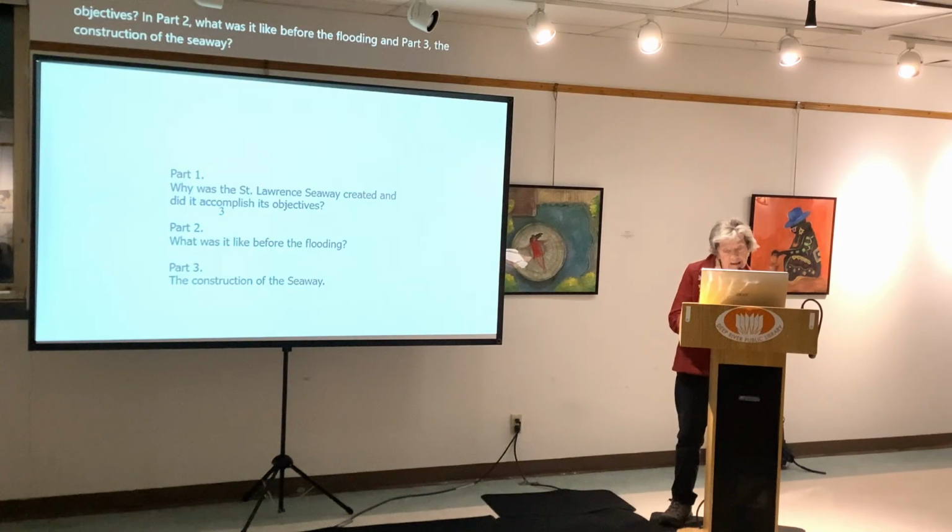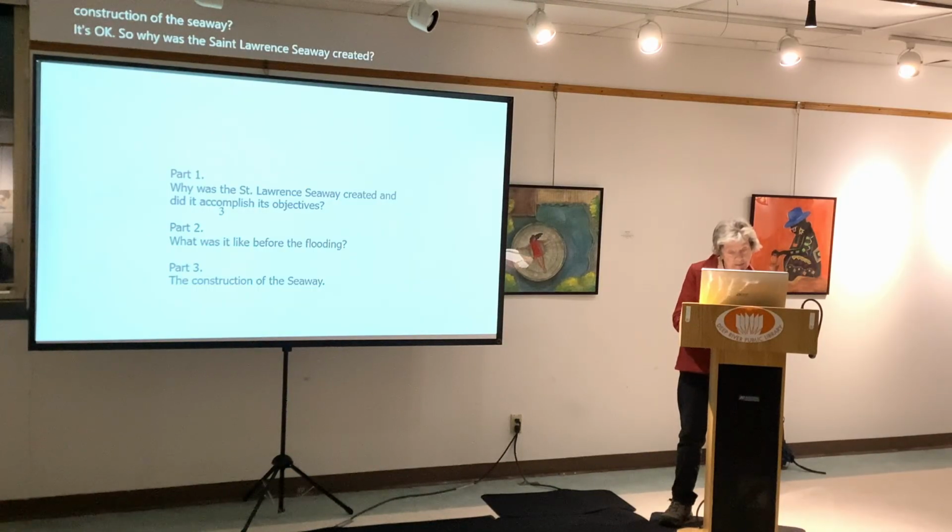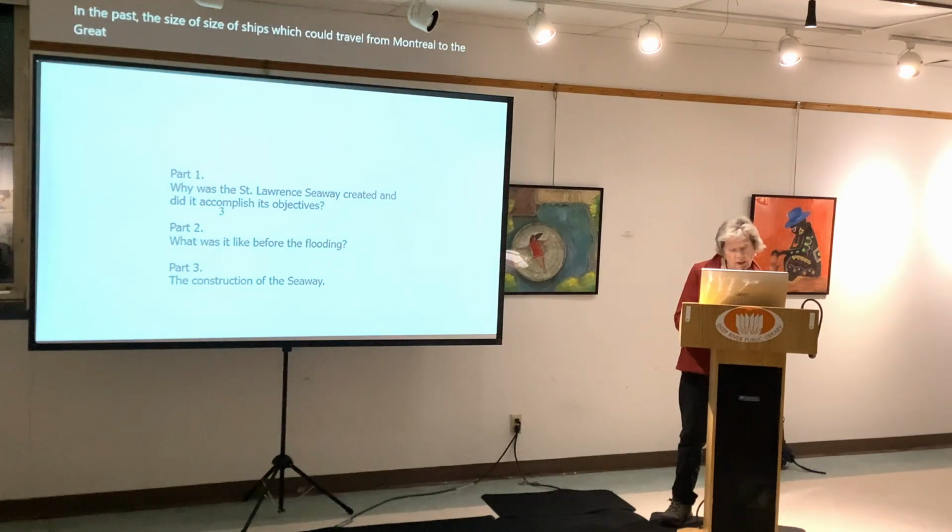So why was the St. Lawrence Seaway created? In the past, the size of ships which could travel from Montreal to the Great Lakes was limited in the 61-kilometer section between Cornwall and Iroquois. The Cornwall Canal was one of 8 canals that connected Western Canada with the ocean by way of the Great Lakes and the St. Lawrence River.